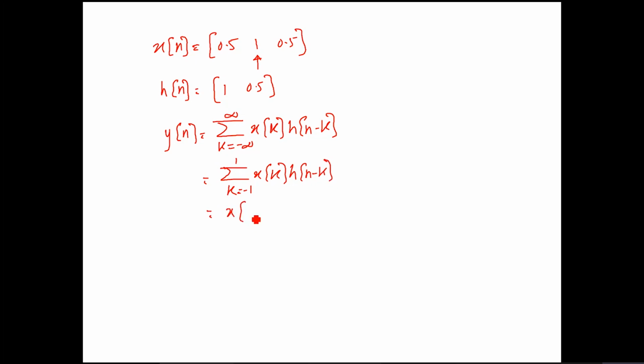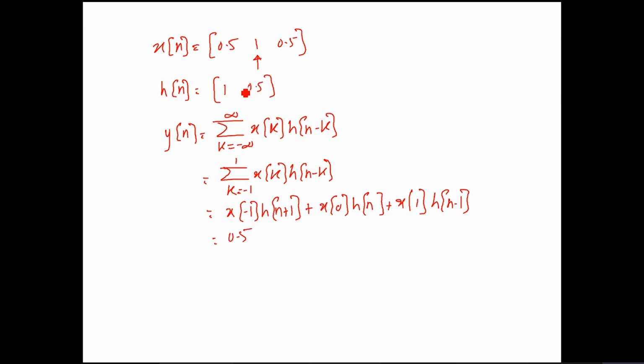This becomes x of -1 h of n plus 1, plus x of 0 h of n minus 0, which is h of n, plus x of 1 h of n minus 1.